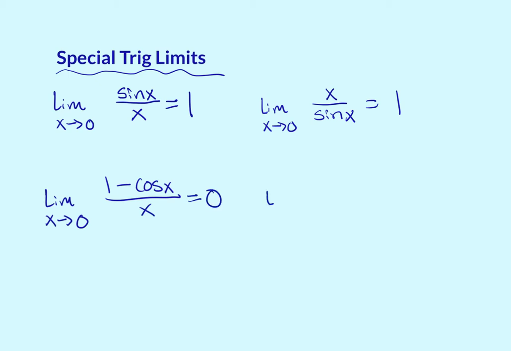And then last one, the limit as x approaches 0 of cosine x minus 1 over x equals 0. So these 4 you need to simply memorize.